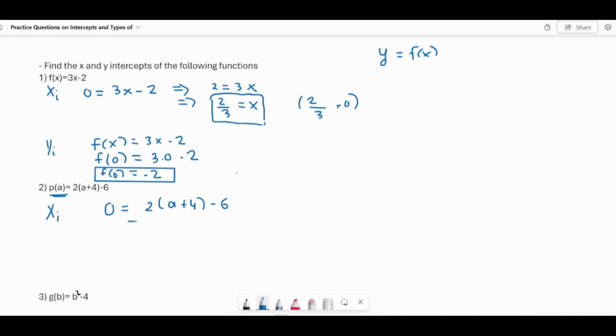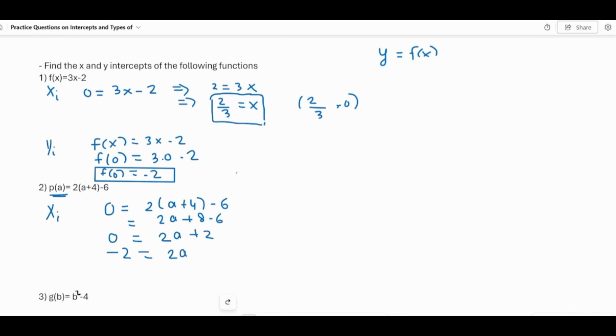So that means we will get 2a plus 8 minus 6, and that means we have 2a plus 2, that's equal to 0. So I'll subtract 2 from both sides, so I will get negative 2 is equal to 2a, and now I will divide both sides by 2, so I will get a is equal to negative 1.